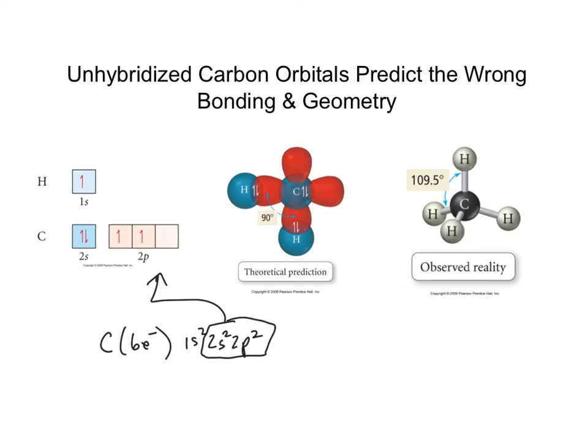All right, now, if you use this electron configuration here, the unhybridized carbon configuration, this is the model here. So you have the carbon, and then you have one p orbital, so this one. You got the second p orbital, which is this one.